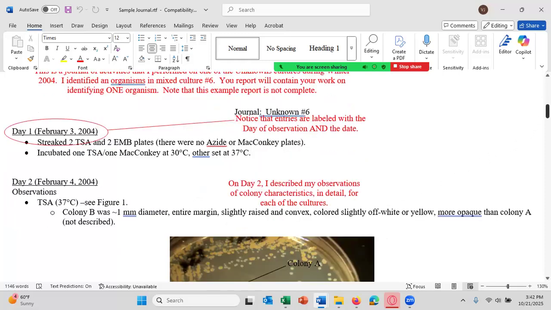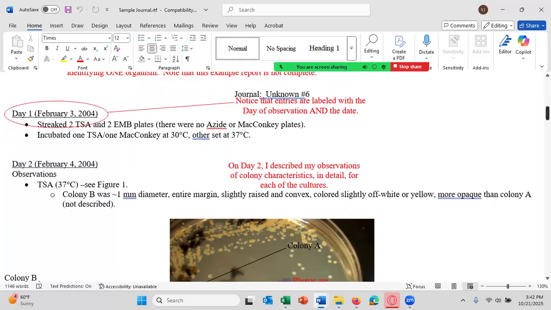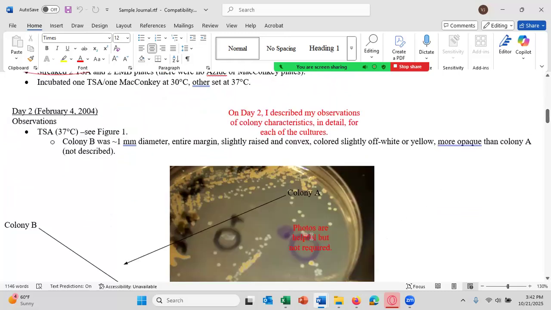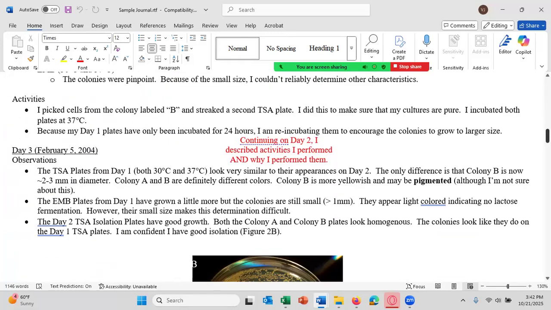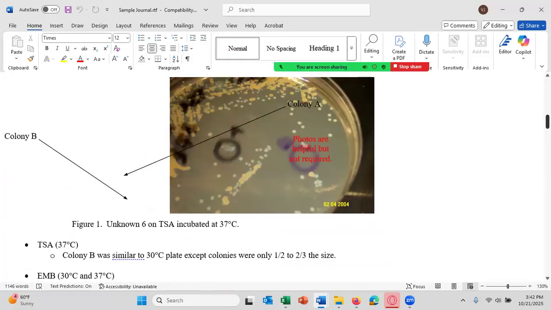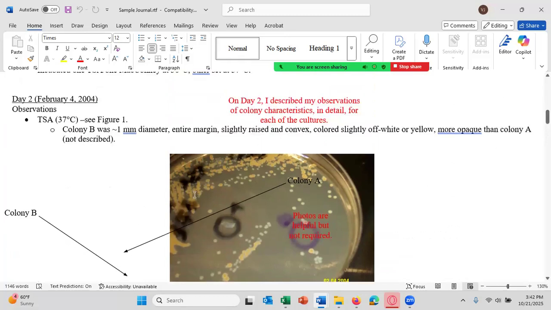And then on February 4th, looked at the plates, seeing 2 different colonies on the plates, a white colony and a yellowish colony. Putting photos in your report are helpful, but they're not required. So this is the observation on February 4th.